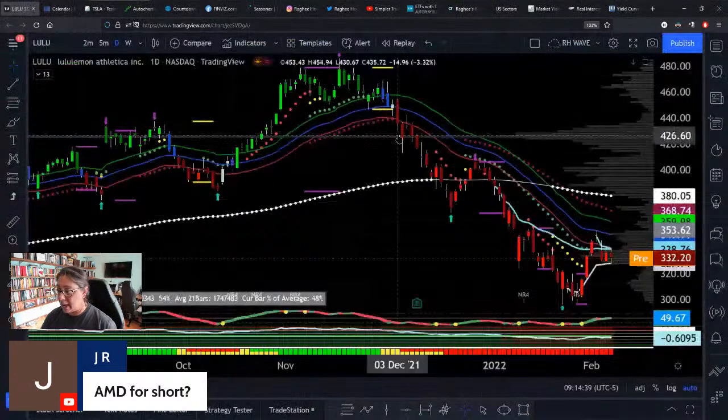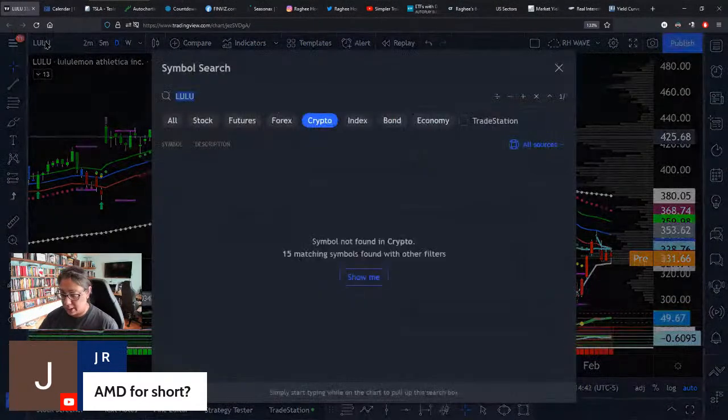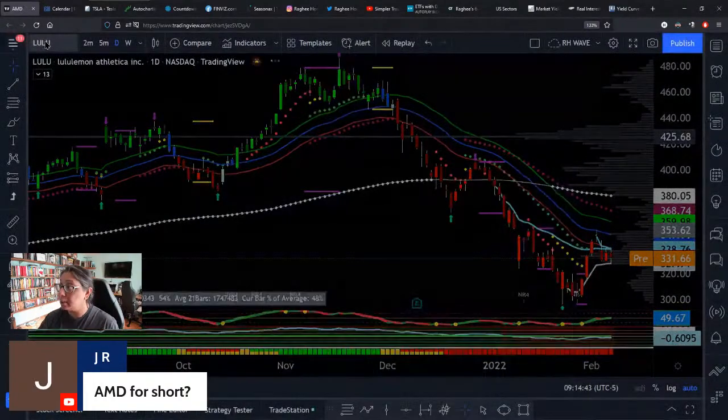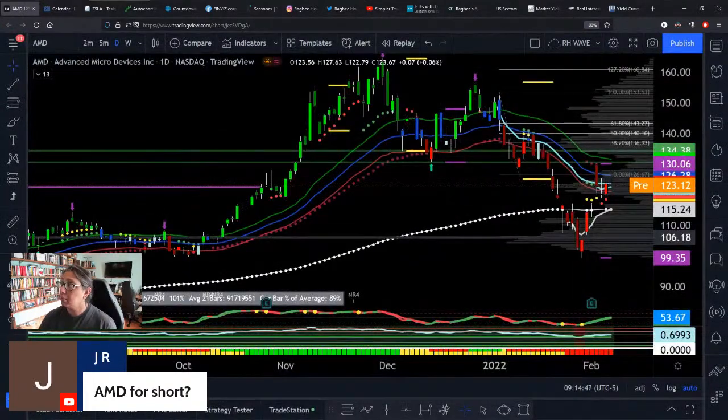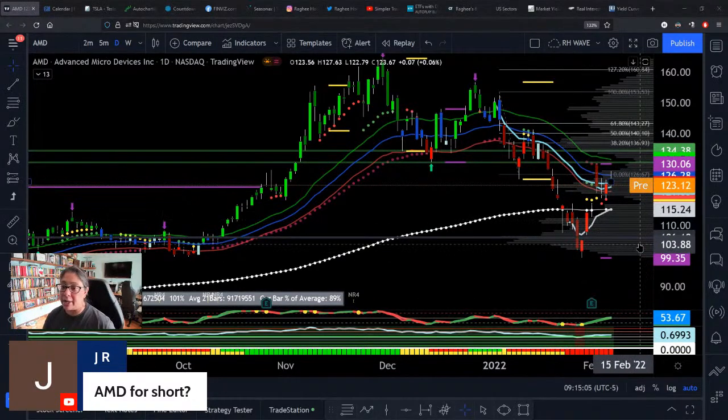AMD for a short. AMD. Let's take a look. All right. First of all, structure before strategy, right? And price before indicators. Keep those two in mind. Structure before strategy. Structure dictates strategy. And price first, secret squiggles second. So AMD, yeah, I like AMD for a short. We've got earnings in the rearview mirror.